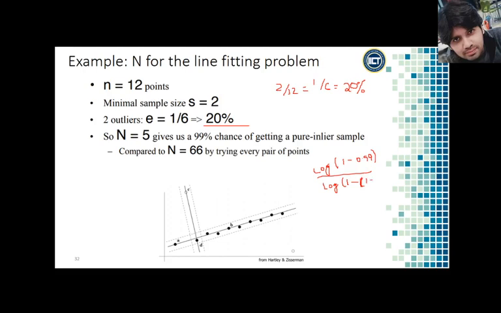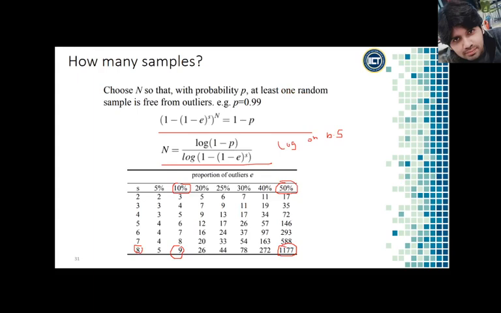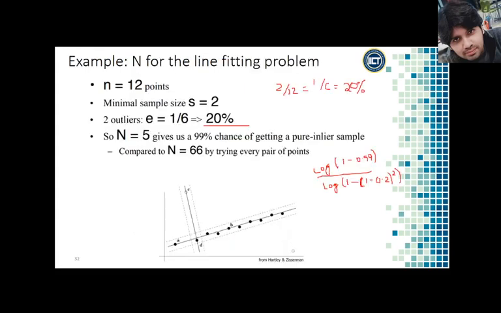So 1 minus, 1 minus 20%, so I can write it as 0.2, and the value of s is 2, so this would be squared. Remember, this is the same formula, 1 minus, 1 minus e, whole power s. So here e is 20%, so it will be 0.2, and s is equal to 2.